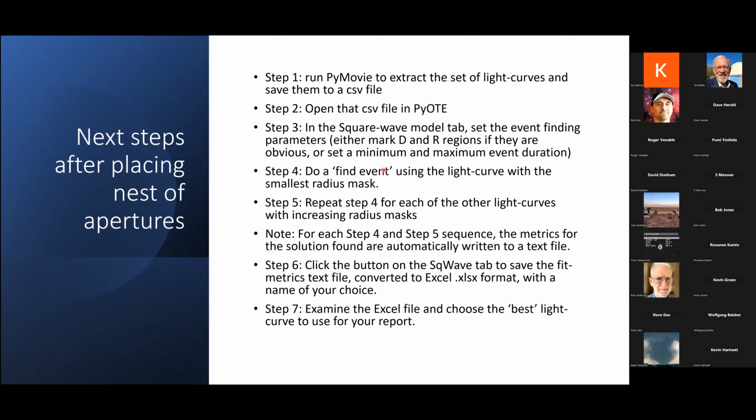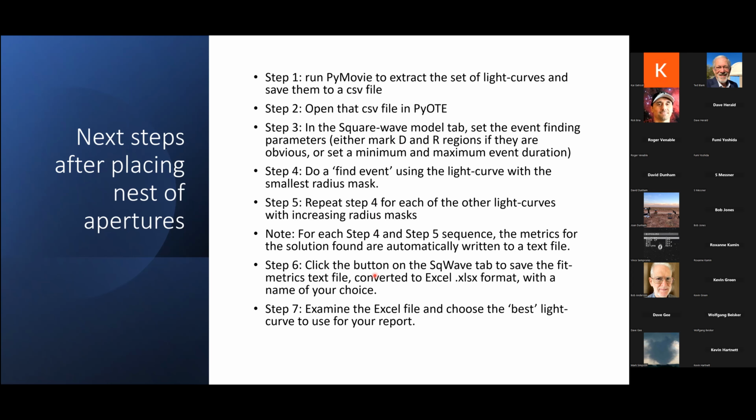In step 4, you'll do a find event using the light curve with the smallest radius mask. You might as well start there and then work up. And step 5, you'll do step 4 over and over again for each of the light curves. Now, what happened is that each time you did a find event, the metrics for the solution found are automatically written to a text file.